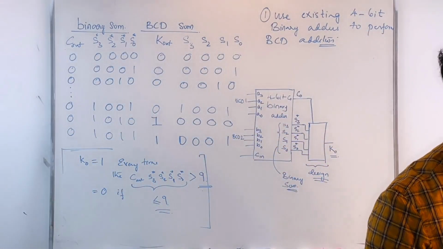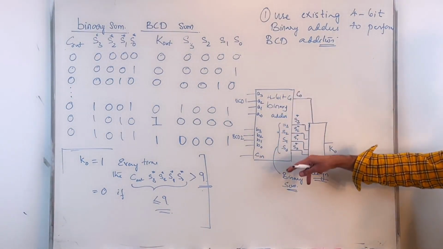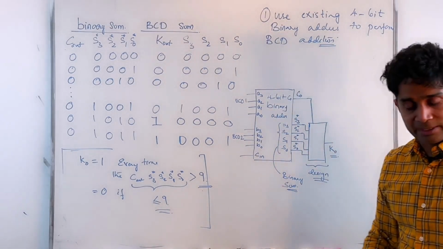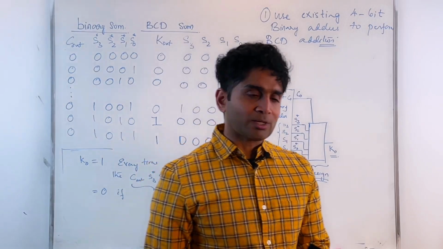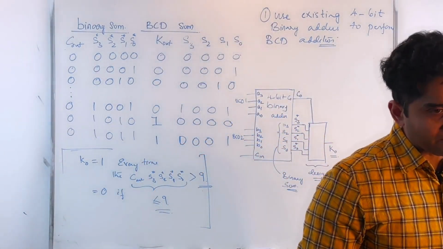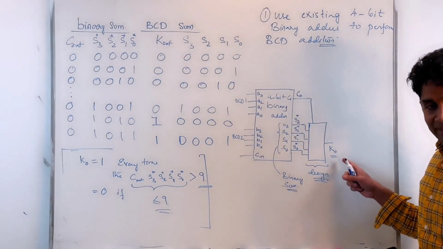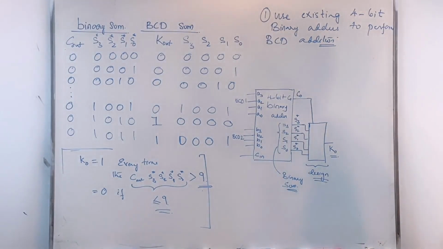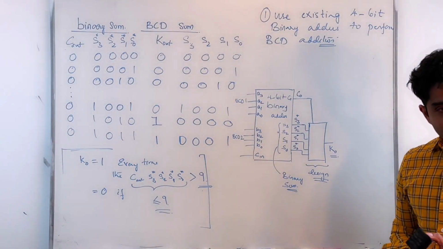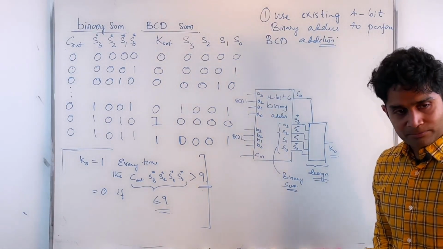Whatever I'm going to design should look at the sum that I get directly from the binary adder and examine it to see whether it's larger than 9 or less than or equal to 9. K0 is 0 every time the sum is less than or equal to 9, and k0 is 1 every time the sum is larger than 9.